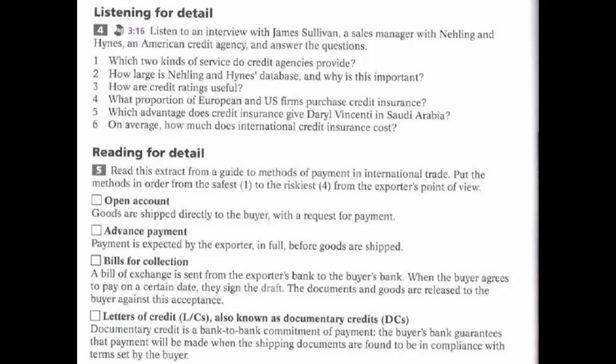So, for example, we can help Daryl by telling him how businesses in countries in the Middle East are doing financially. We can tell him if his prospective customers pay, and how quickly they pay. And in particular, we can warn him if one of his customers gets into financial difficulty. And you give each company a rating which indicates how reliable they are.